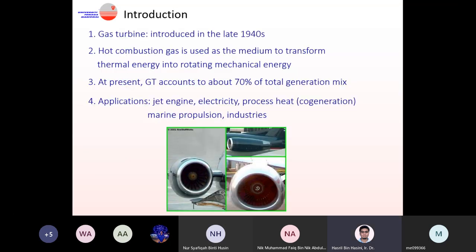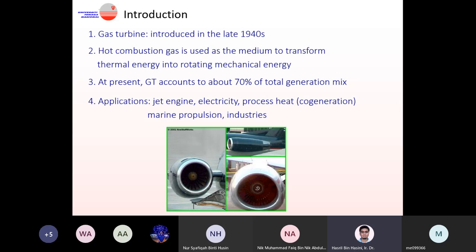Okay, gas turbine, we have done this before, so this is a little bit more in depth in terms of the operations and also maintenance. We know that the gas turbine has been around for quite some time, especially during the war.